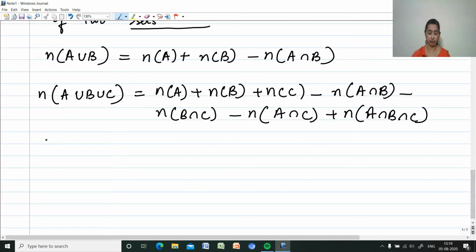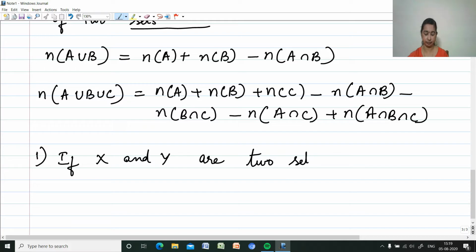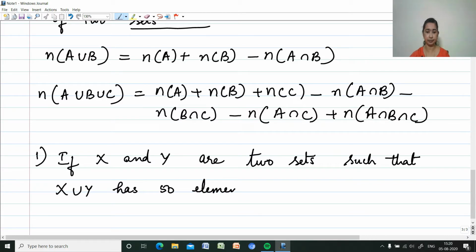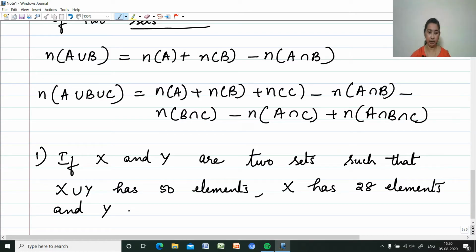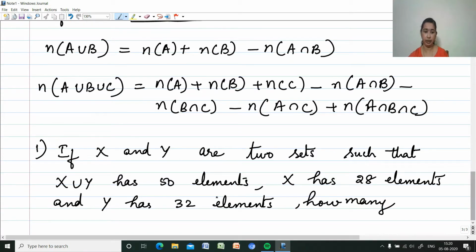So we'll do some practical problems now. First question: if X and Y are two sets such that X union Y has 50 elements, X has 28 elements and Y has 32 elements, how many elements does X intersection Y have?